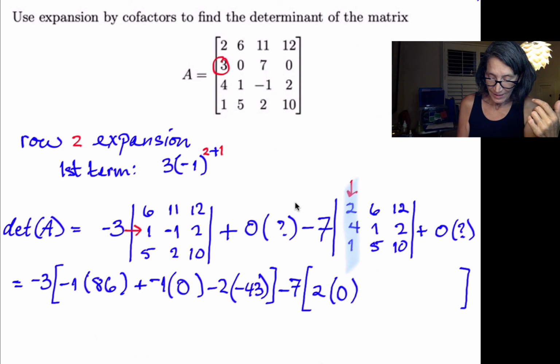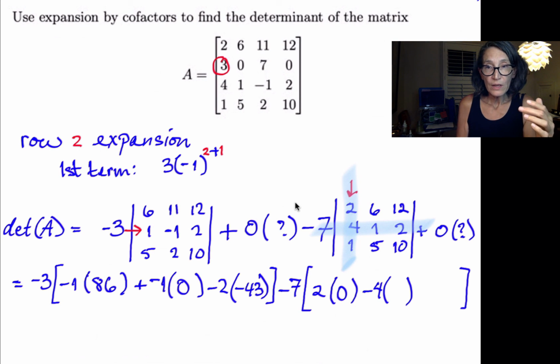All right, so the second term is going to be negative 4, because we're alternating in sign, times the determinant of the submatrix I get by removing that second row and that first column. So it's going to be 6 times 10 minus 5 times 12, which is another 0. This is handy, having lots of zeros.